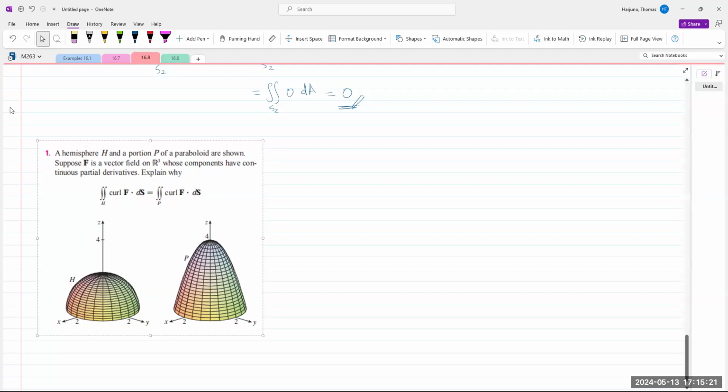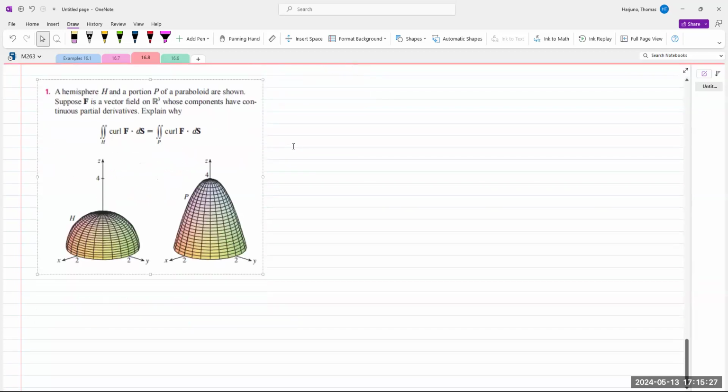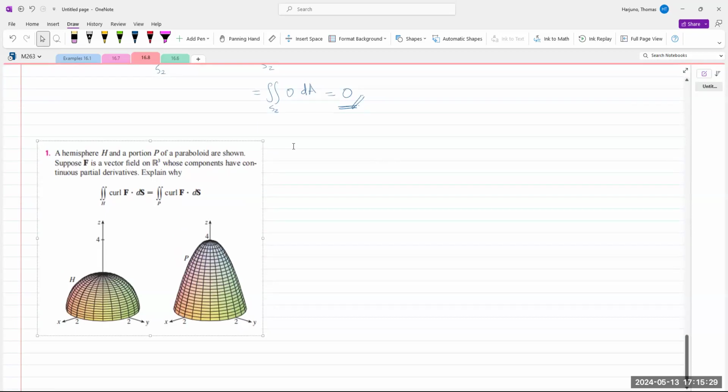Suppose F is a vector field on R3 whose components have continuous partial derivatives. Explain why the double integral of curl over the hemisphere equals the double integral of the curl over the paraboloid. Well, first because they share a common boundary.